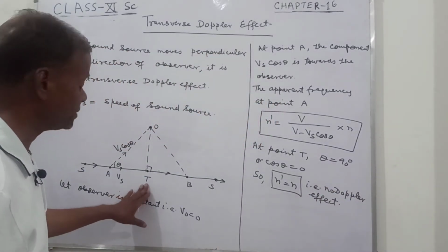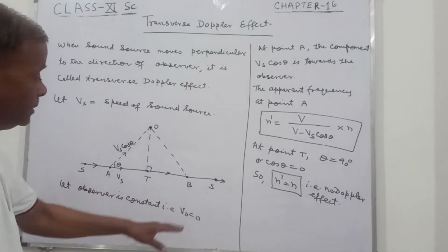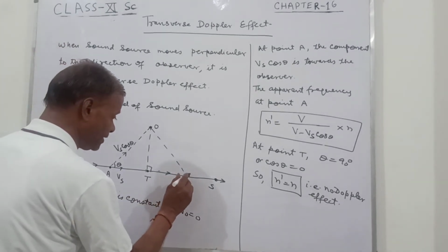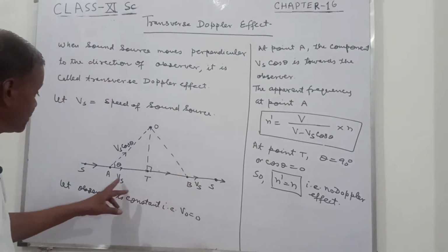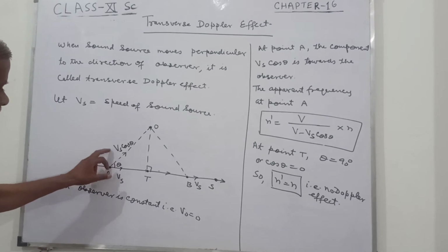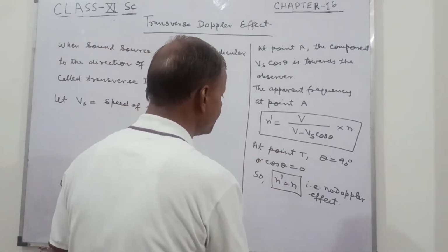And when it crosses T and reaches the other side, we again have the speed Vs, just opposite to this one.